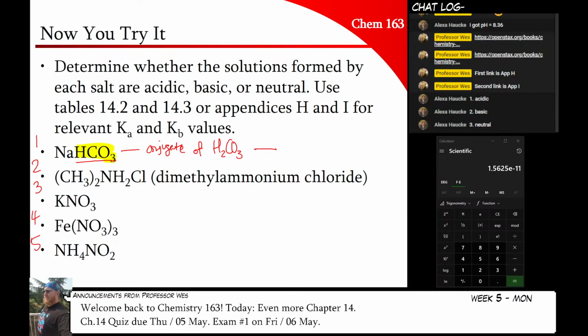Let's see if we can find it. Wow, that is not at all what I thought it should be. Okay. Ka bicarbonate.